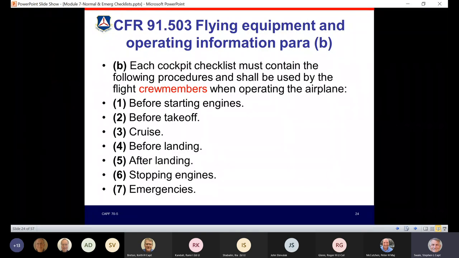Notice that I put in red that these checklists shall be used by the flight crew members when operating the airplane. And I'm focusing on flight crew members because I want it to be more than simply pilots. And I want to also draw the line that says when somebody's not an air crew member, they're a passenger. When they're an air crew member, I expect them to be working with me collaboratively.